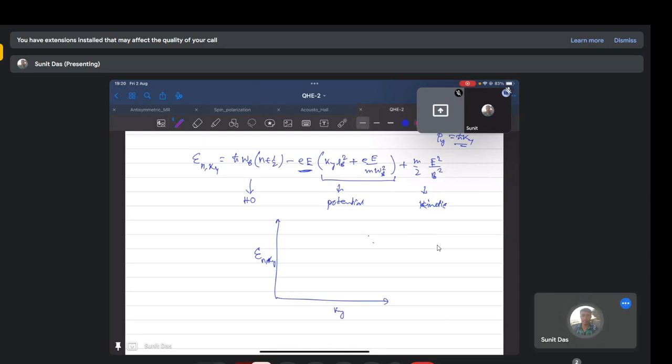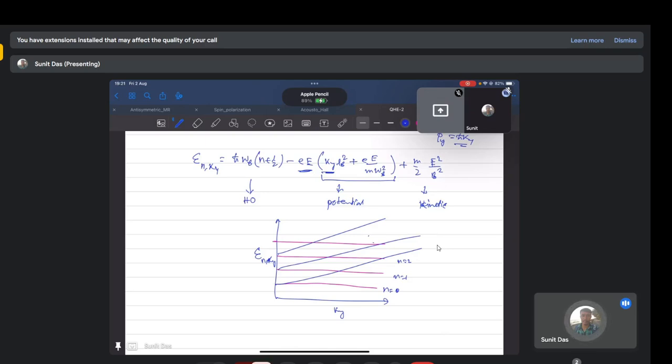If we draw it, previously these were exactly flat bands, no dispersion along ky, but this time there is a linear dispersion along ky, right? So if this was, let's say, n equal to 0, n equal to 1, n equal to 2, then it will be like this. Okay, so there is linear dispersion along ky. Still they are quantized, but they have a dispersion.